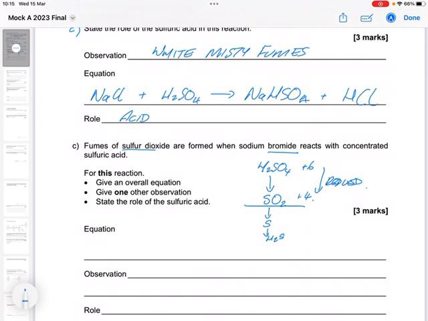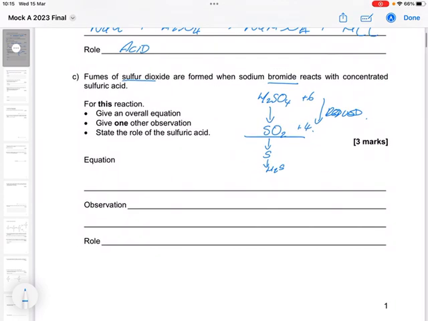So the equation here then, I'm going to have to do this in stages. So sulfuric acid forms SO2. So balancing the redox, then I need 2 waters over here to balance the oxygens. And then I need 2 hydrogens over here to balance out the hydrogens in water. And then I need 2 electrons in there.